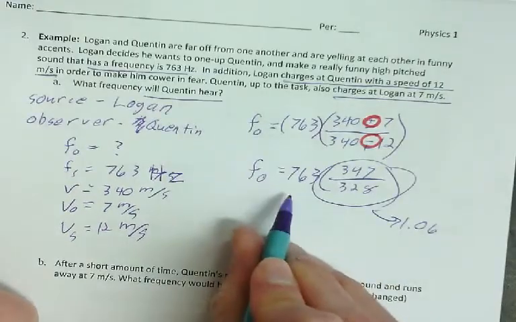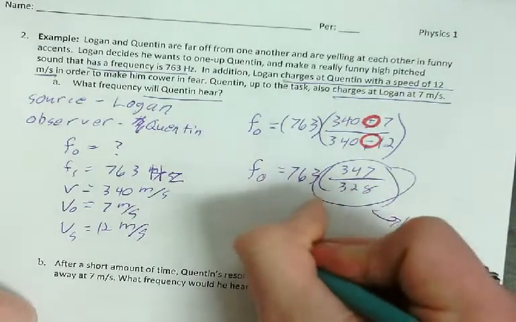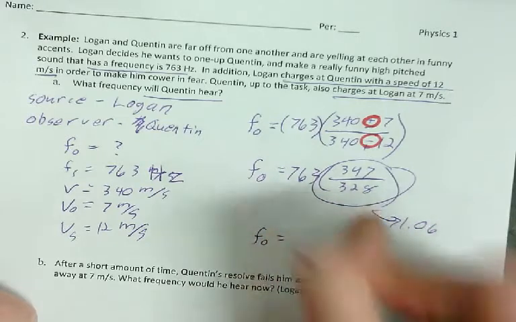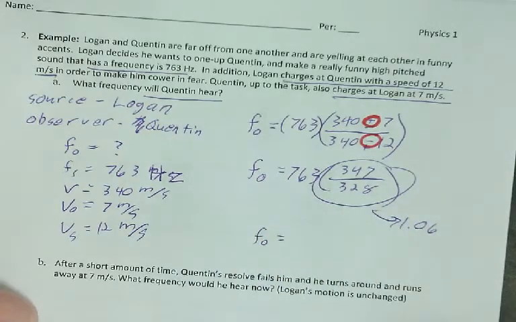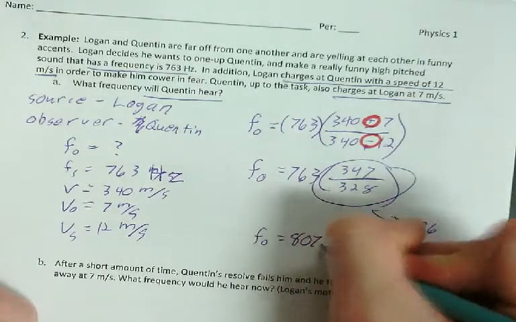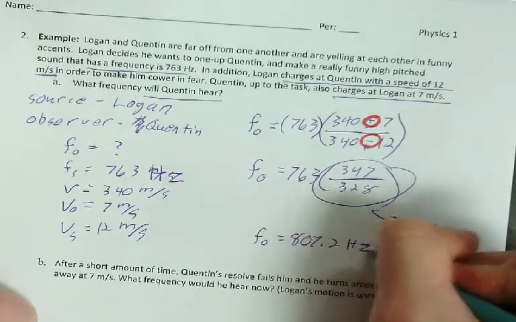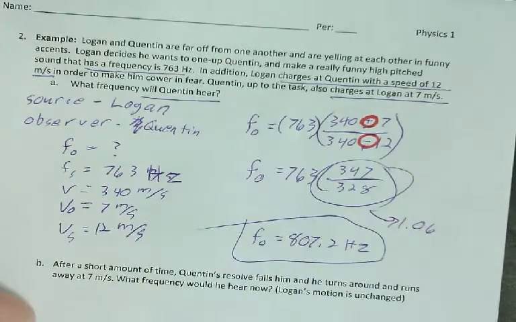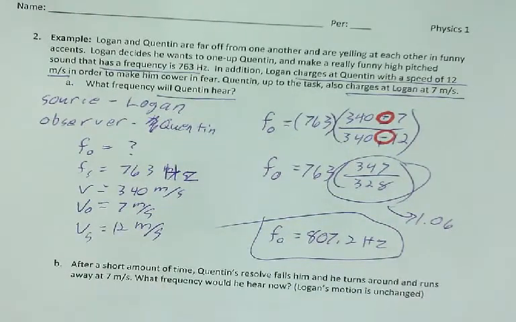And multiply that by 763. 807.2. So Quentin doesn't hear a sound of 763. He hears a sound of 807. It's not the same. It changed because they're going towards each other. They're getting closer together, not further away.